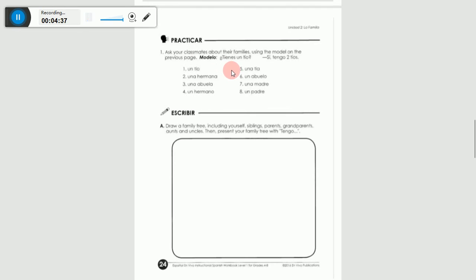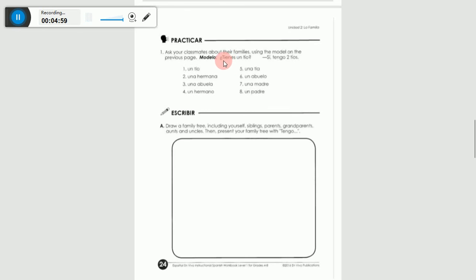For this practicar section, the example says, ¿Tienes un tío? Sí, tengo dos tíos. Again, practice talking with someone, and you will replace un tío, which is number 1 here, with the rest of these family members.